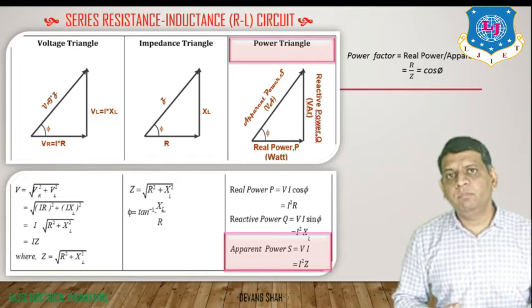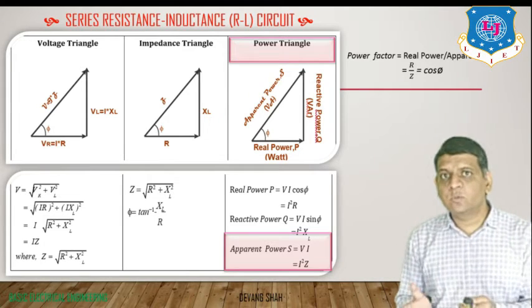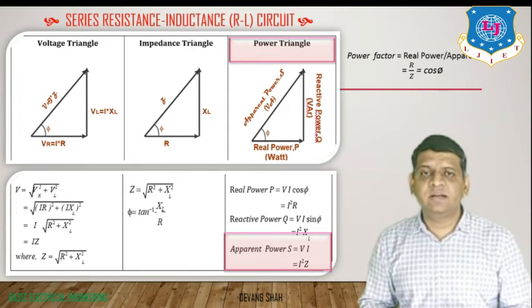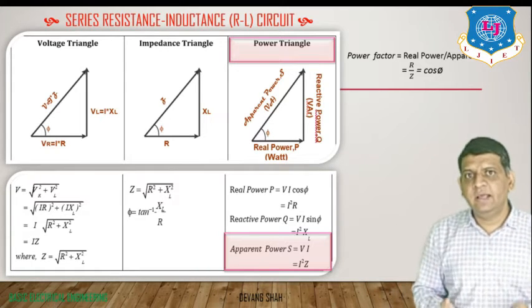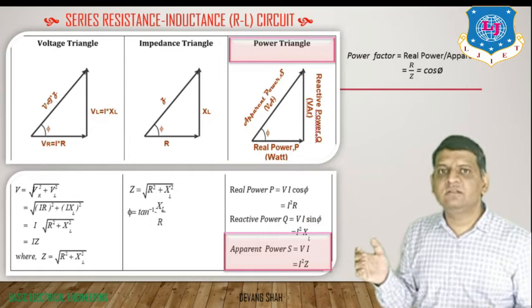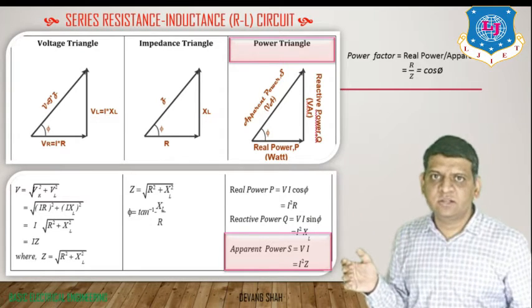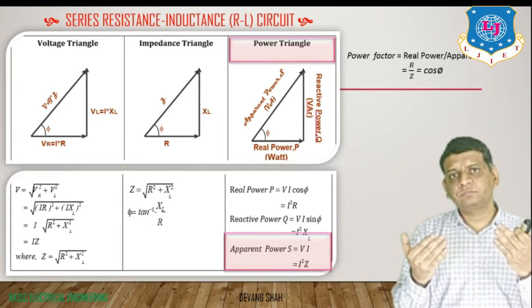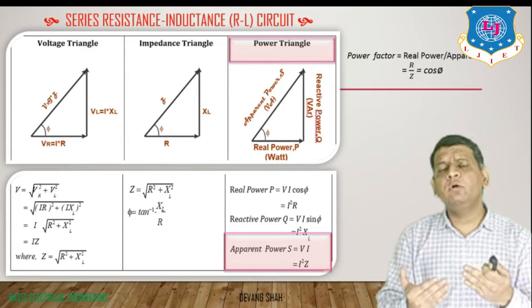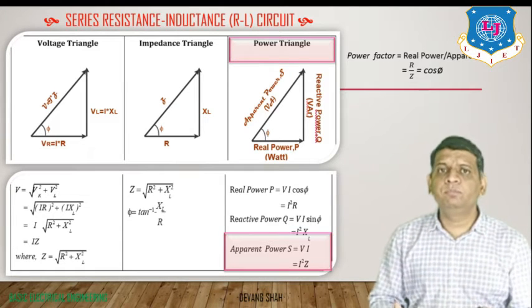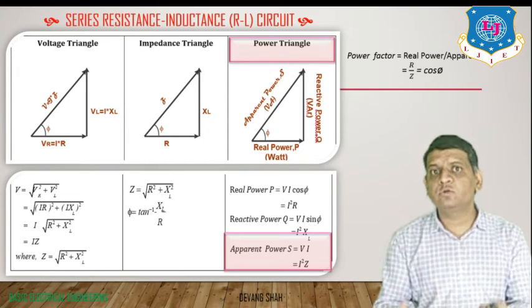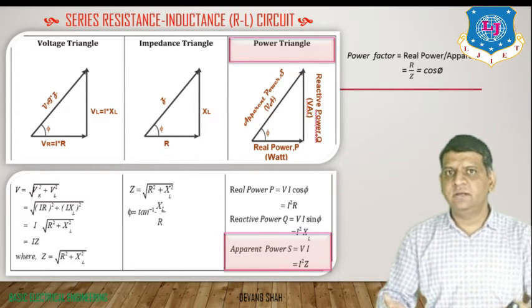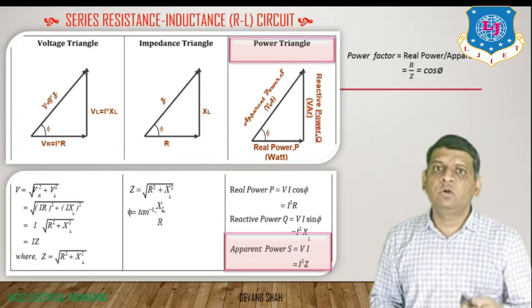So real power, I square into R, divided by apparent power, I square into Z, is defined as R by Z, and from this triangle you can see it's cos phi. So cos phi is equal to R by Z, right? Here power factor is the most important parameter to define the circuit efficiency. So the power factor PF is equal to cos phi, and that is equal to R by Z.